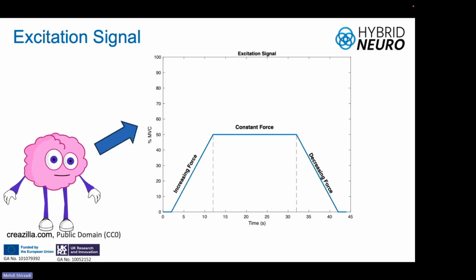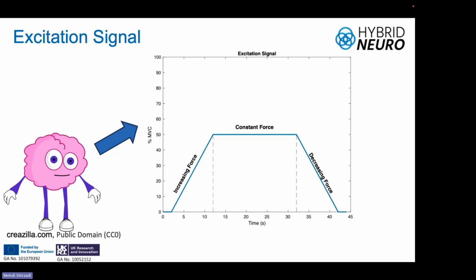Or if we are in an experiment and they ask us to do some percentage of maximum voluntary contraction, we need to increase the force more or less linearly to a certain level, then keep it constant, and then at some point decrease it to zero.